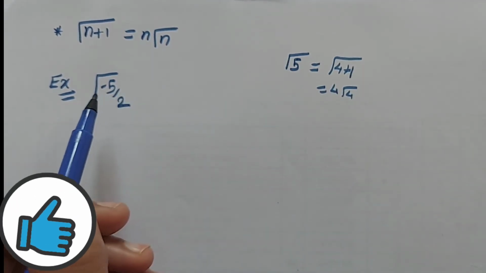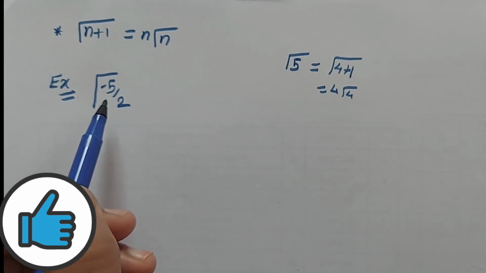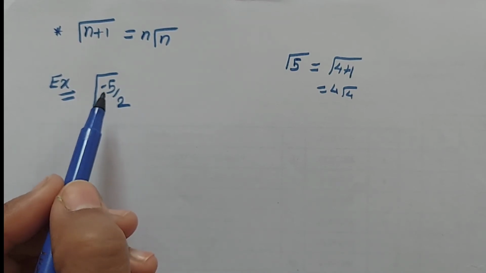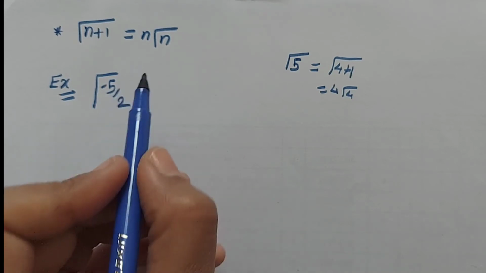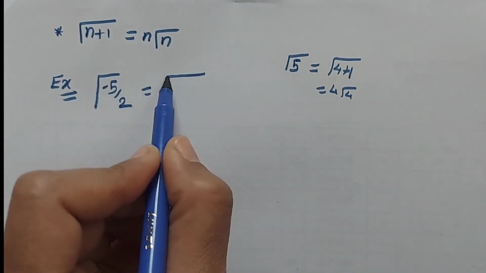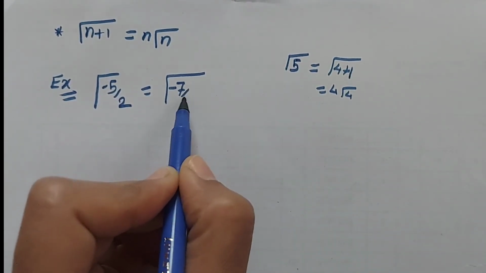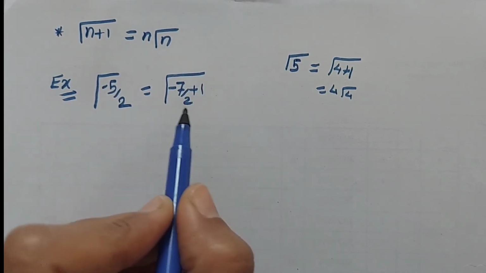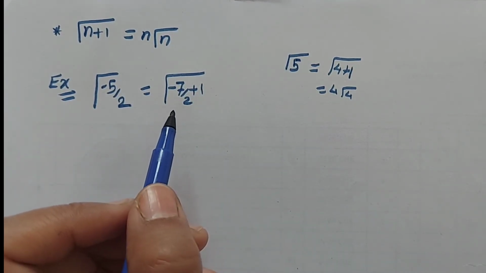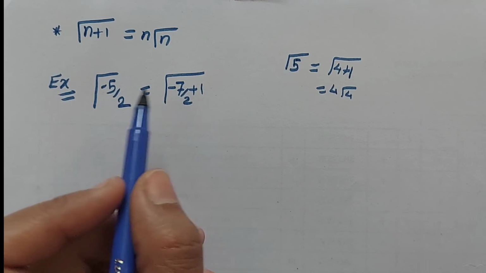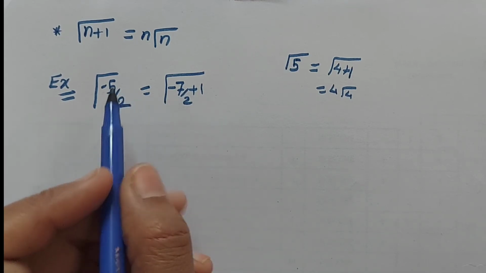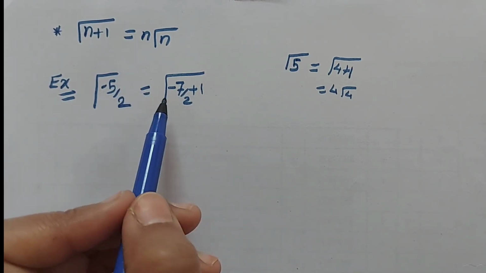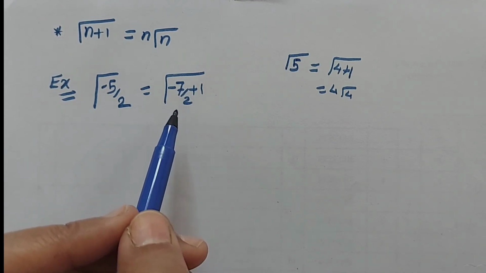Now here, this term is negative. If we add plus 1 minus 1, that means we write this term as minus 7 by 2 plus 1, then ultimately it is minus 5 by 2, and by the property it is minus 7 by 2 gamma of minus 7 by 2.